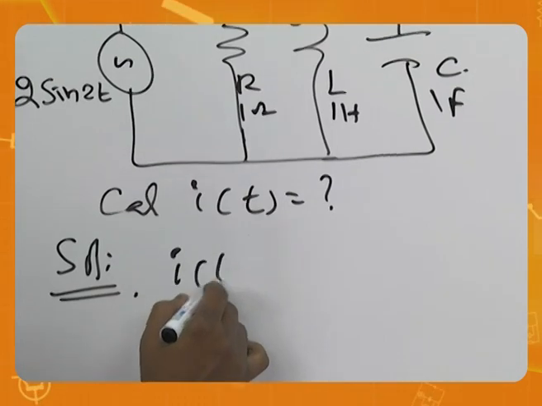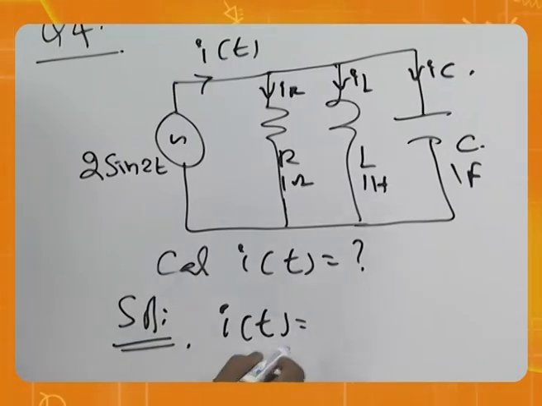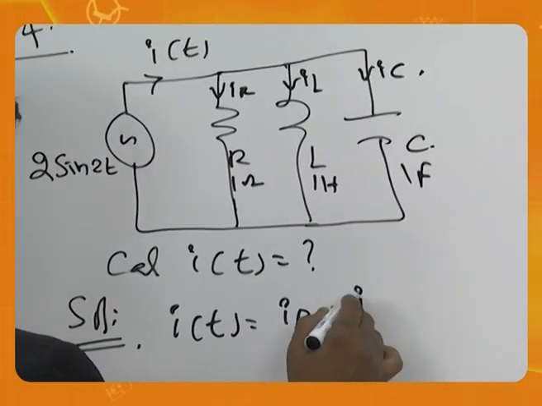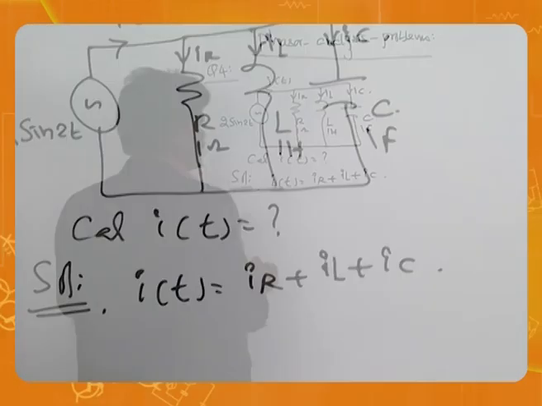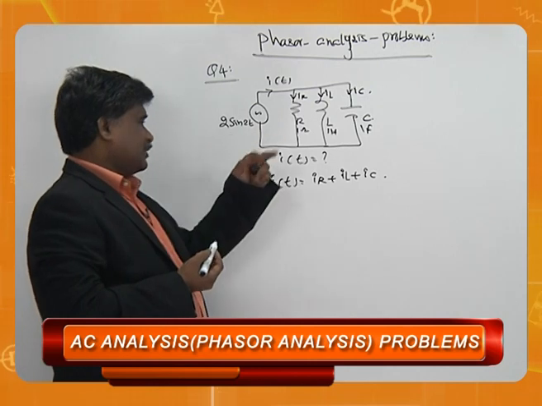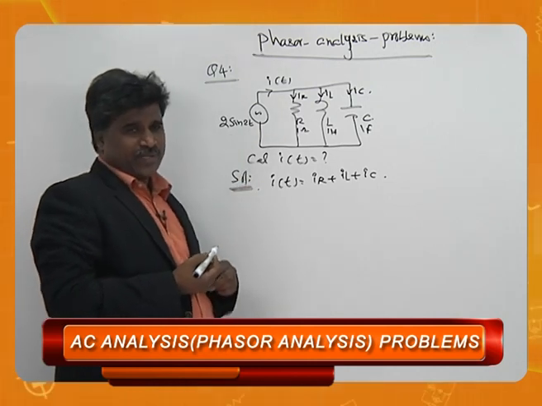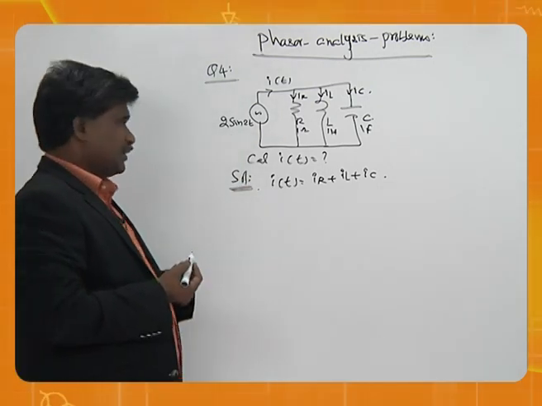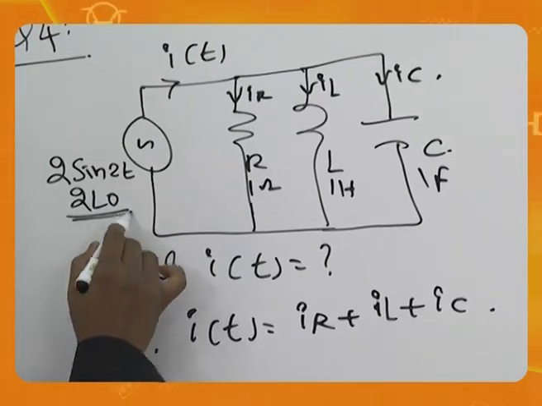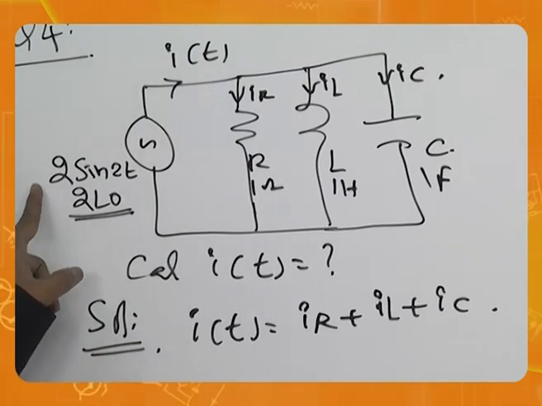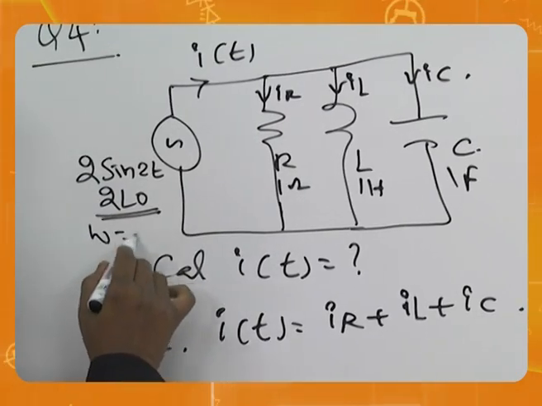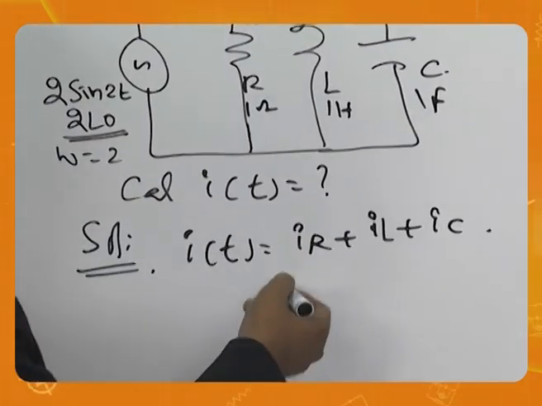So I of t is basically IR plus IL plus IC. Calculate each one, then you can get the final value of I. One important thing is you call the source 2 angle 0. Why? Magnitude is 2, angle is 0, and frequency is 2.